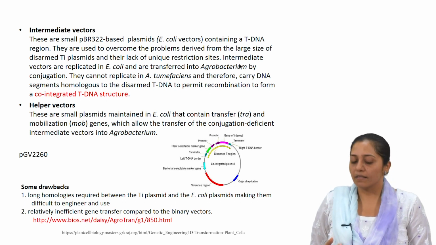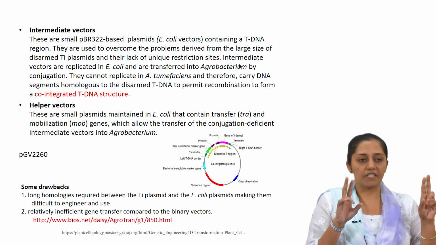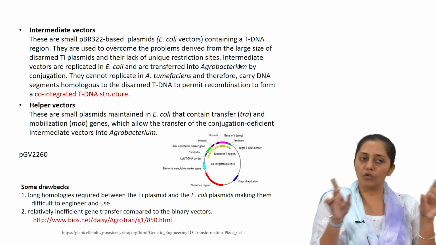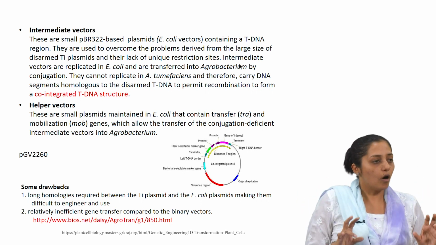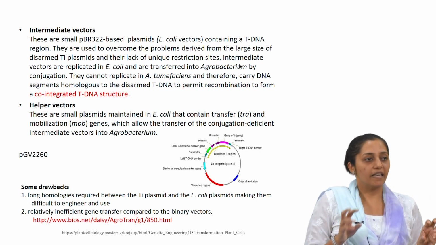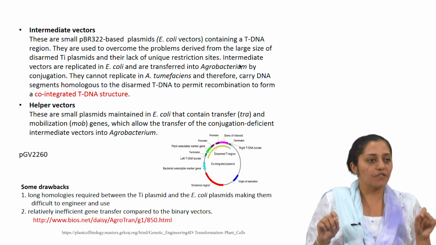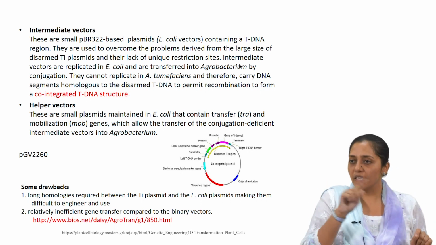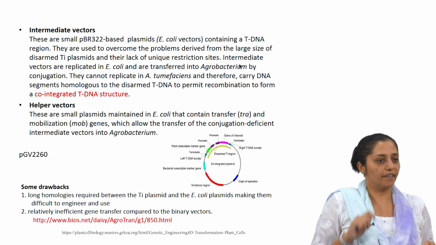Then helper vectors. Either you have your inherent Ti plasmid which has been disarmed, meaning the oncogenic regions, the T-DNA, have been taken out, or you have separate plasmids which help in the transformation event. They will have transfer regions which help in the transport of the T-DNA of your small integrative vectors.